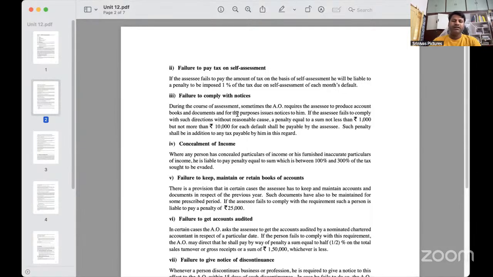Concealment of income: where a person has concealed particular income or furnished inaccurate particulars of income, he is liable to pay a penalty of between 100% and 300% of the tax sought to be evaded.